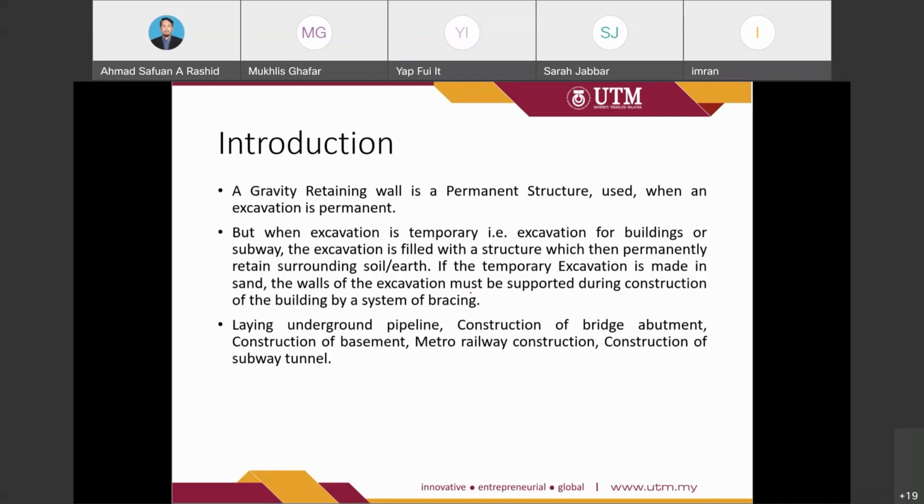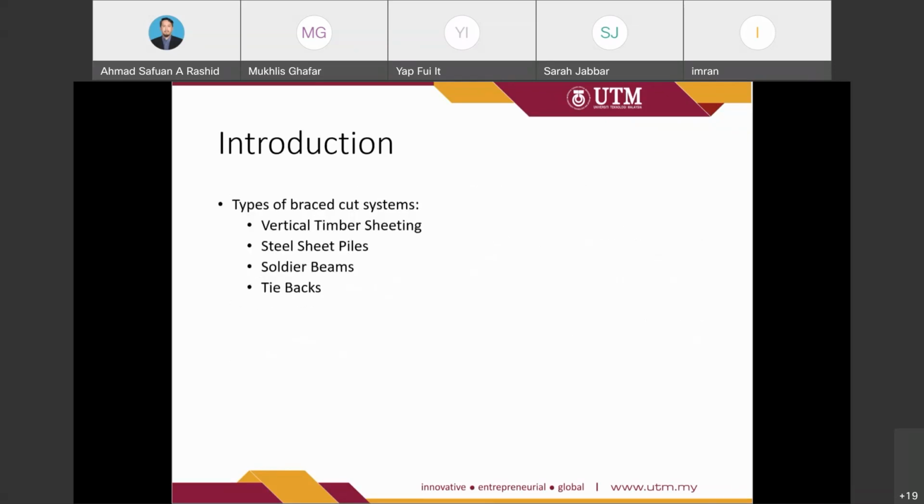But we will not discuss an example for the tie-back; I will just introduce what the tie-back system is. So we have four types of common brace cut system: vertical timber sheeting, steel sheet pile, soldier beams, and tiebacks.